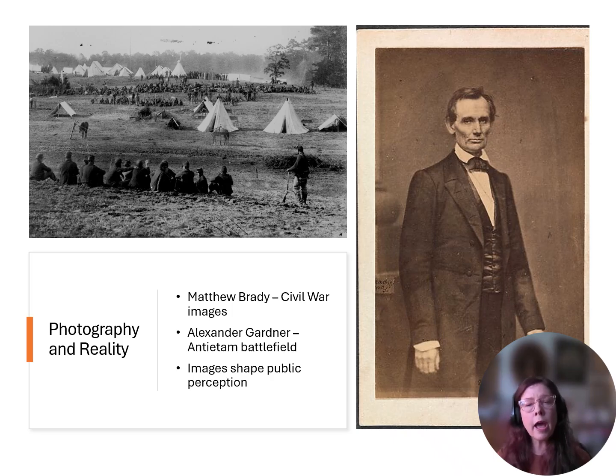So if you look at the image on the left, you are seeing a Civil War encampment. And at first glance, it might not seem that dramatic at all, but this is part of a larger shift, because for the first time, people are actually seeing war through photographs, not paintings years later, not written descriptions from far away. They are seeing actual images.